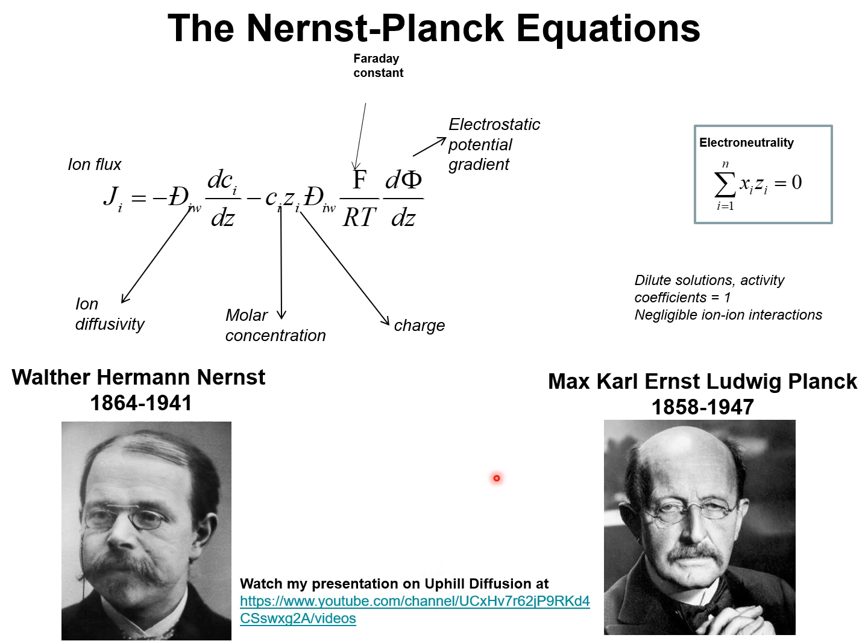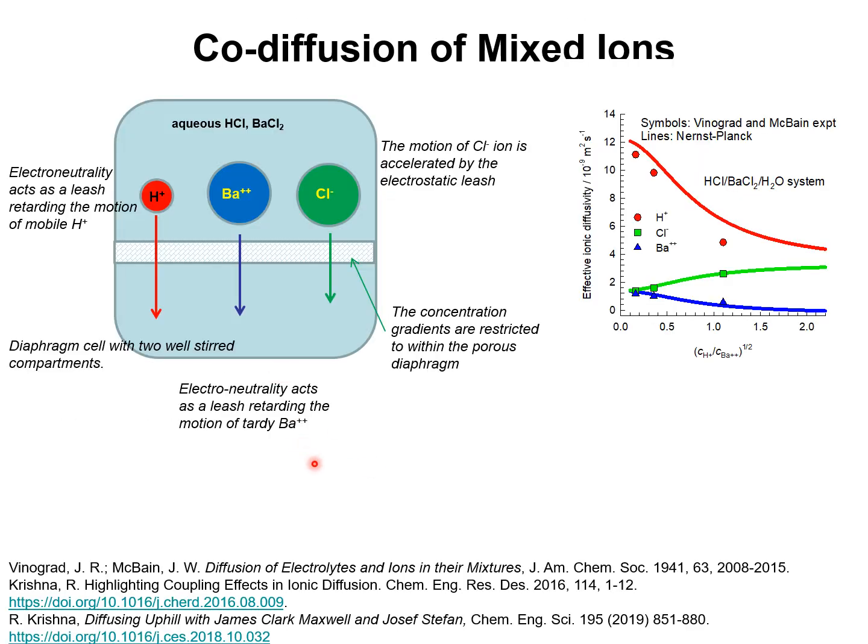Let us now highlight the consequences of this contribution of the electrostatic leash in a variety of scenarios that are important to the chemical process industries. In 1941, Winograd and McBain published a set of experimental data on effective ionic diffusivities that were measured in a two-compartment diffusion cell shown schematically here.